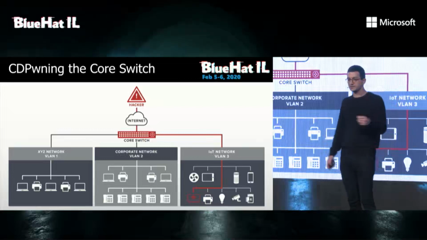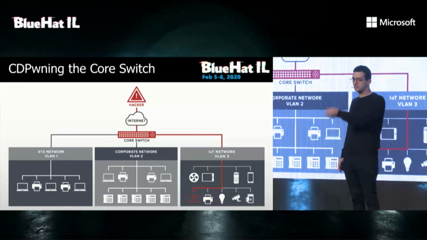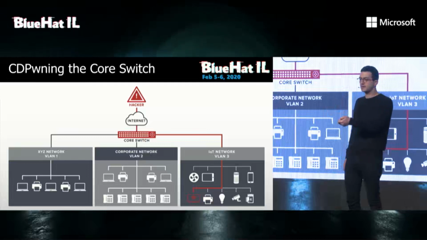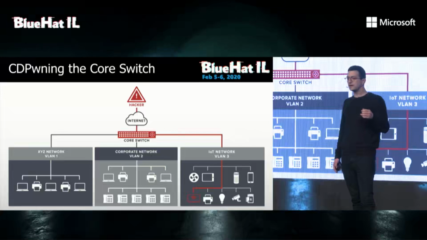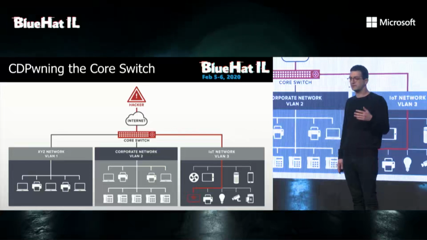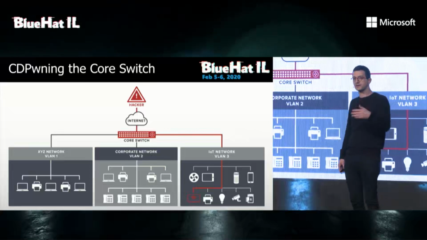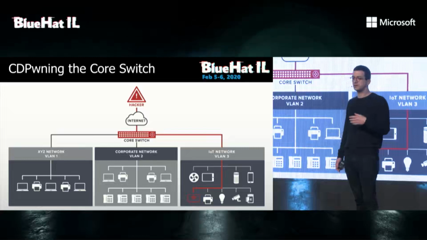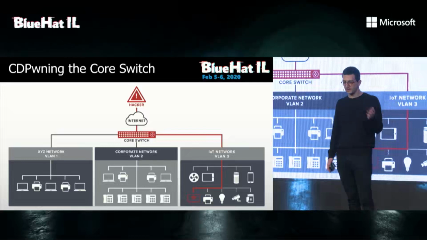So we will get to the vulnerabilities in a minute, but again, if the attacker has something like CDPwn, how would he use it? So if he, for example, has code execution on a certain IoT device, he can send maliciously crafted CDP packets that will be parsed by the core switch. And if a vulnerability exists there, that might lead him eventually to code execution.